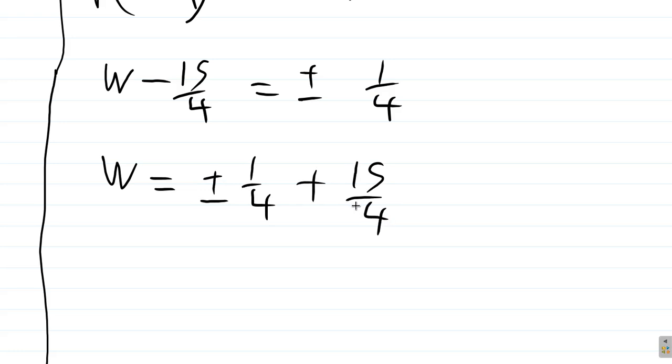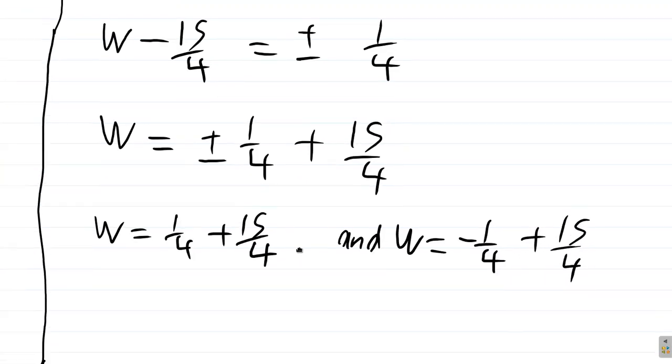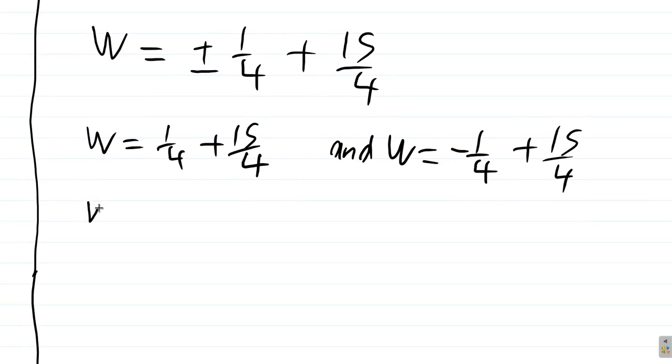So you're going to get two w's. You have w equals 1 quarter plus 15 quarters, and w equals negative 1 quarter plus 15 quarters. So w is 1 quarter plus 15 quarters, which is 16 quarters.